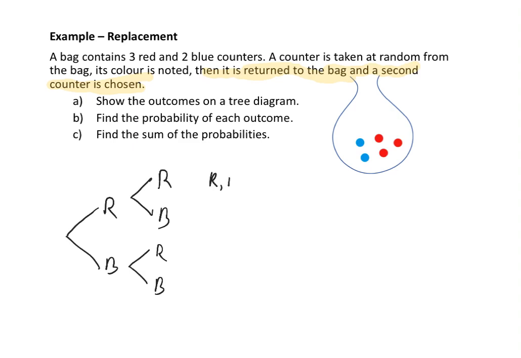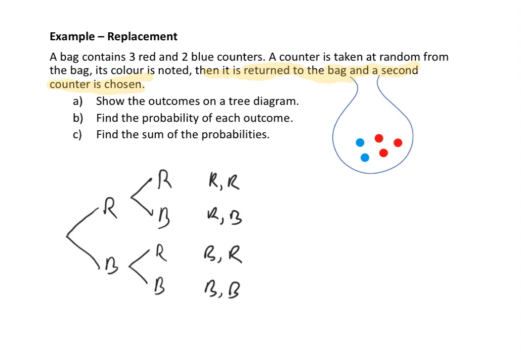I have a red and a red, a red and a blue, a blue and a red, and a blue and a blue. So now I want to go ahead and assign the probability of each of those outcomes occurring. To do that, I need to assign the probability of each step in my tree diagram.